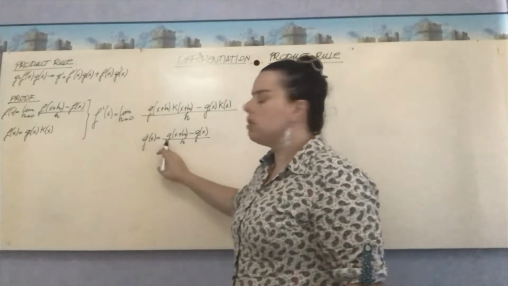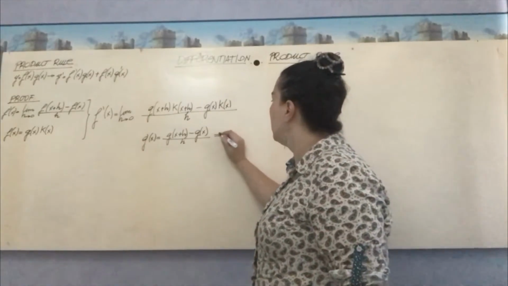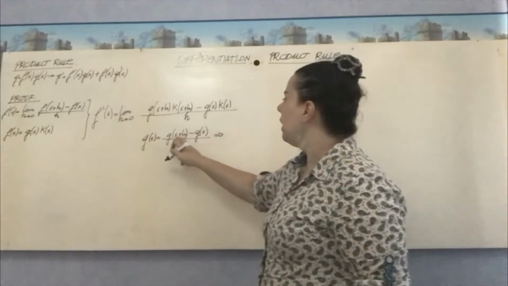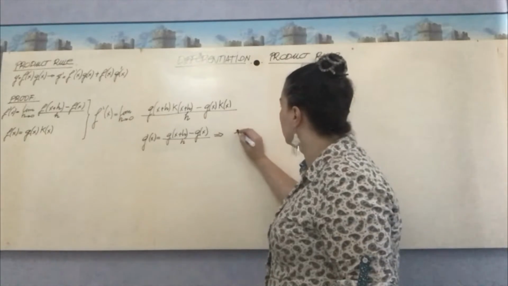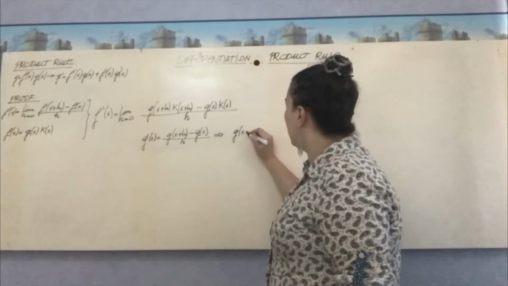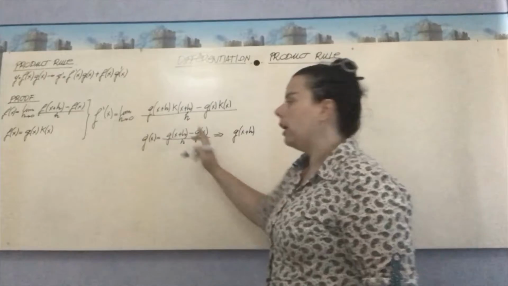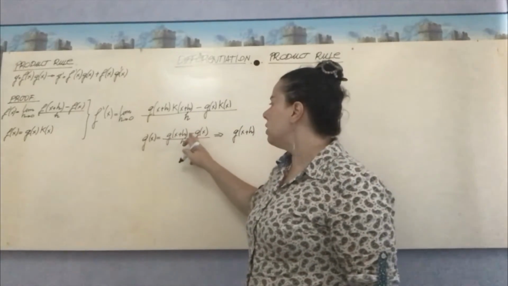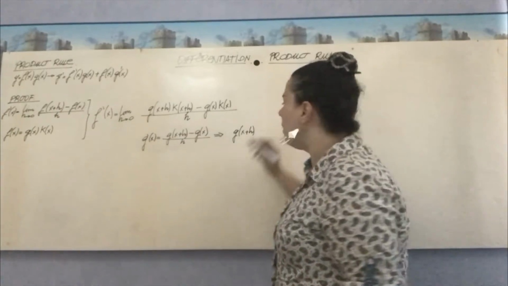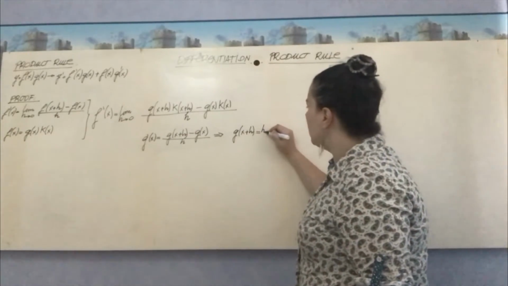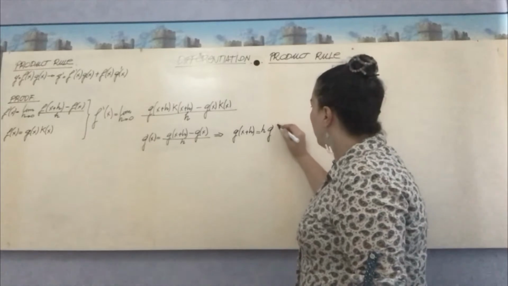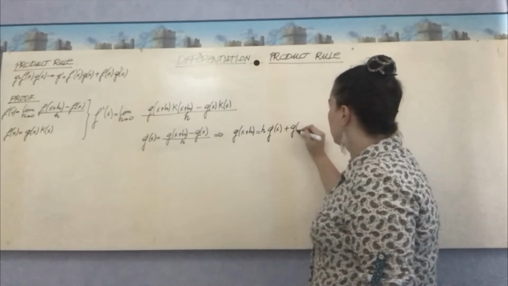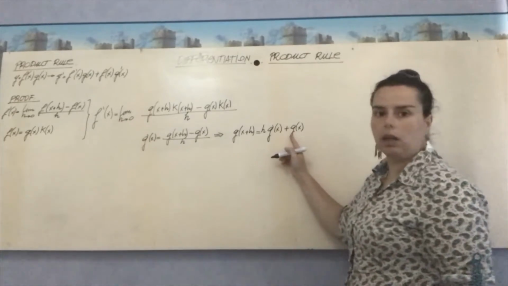Now, if I know this is true, I can cross multiply until I leave the term g of x plus h alone. This h would pass multiplying, and the term that is subtracting would pass adding. So I would end up with h g prime of x plus g of x.